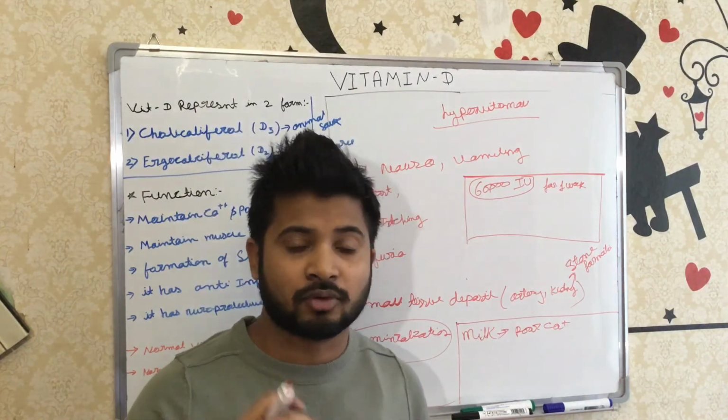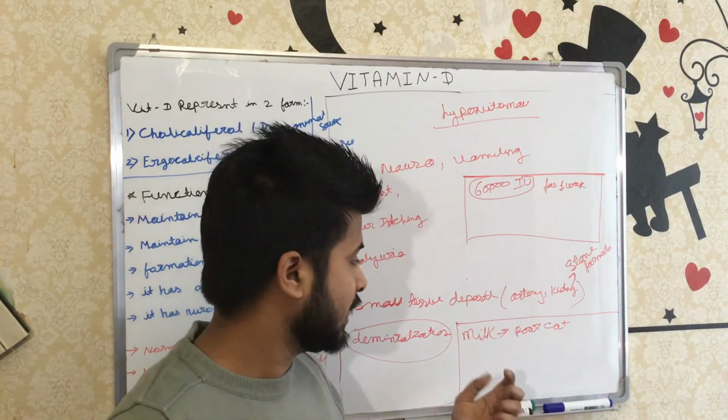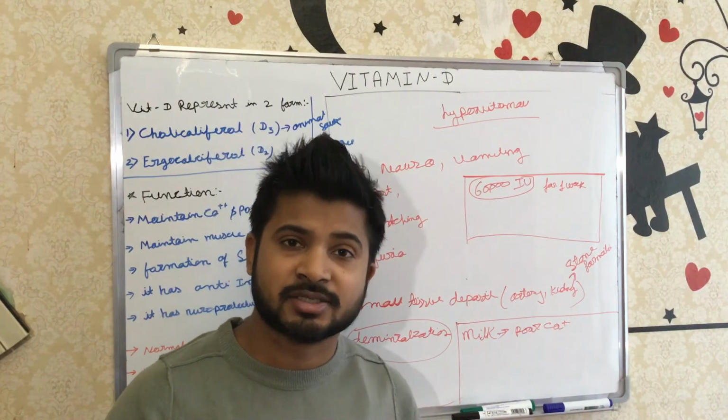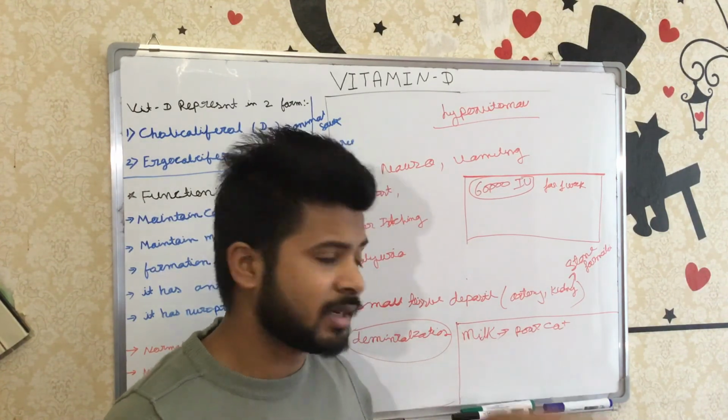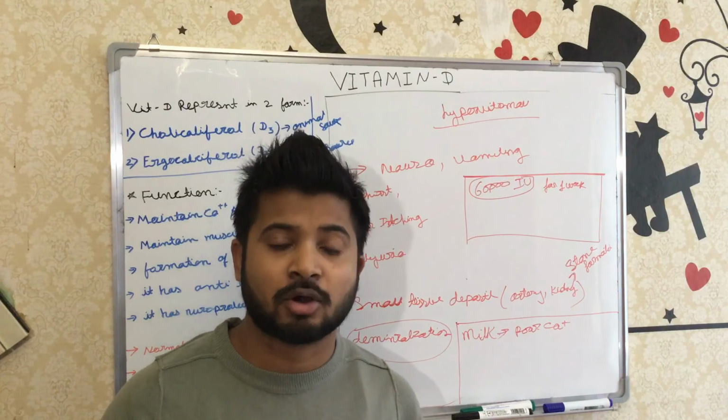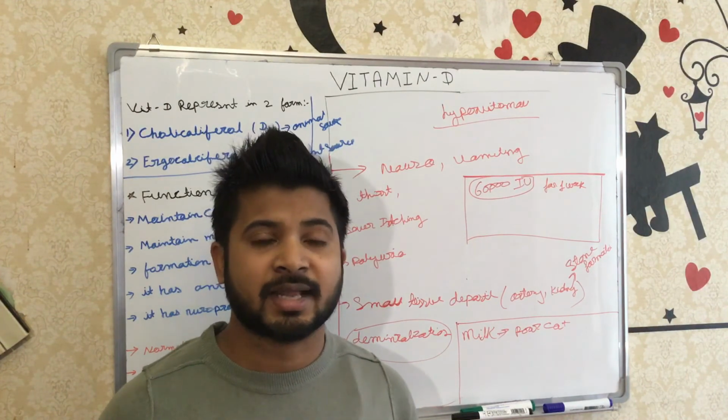That's why for babies and children, an extra supplement of vitamin D is very necessary, because milk does not have an adequate amount of calcium. It will not maintain the calcium level for the baby.